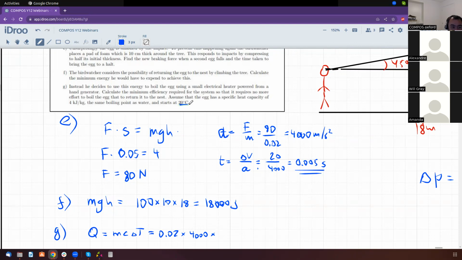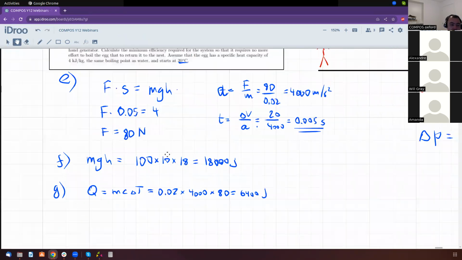So it starts at 20, needs to boil at 100 degrees. Sorry, 80, times 80. So that's 0.02 times 4,000 times 80. So 6,400 joules.